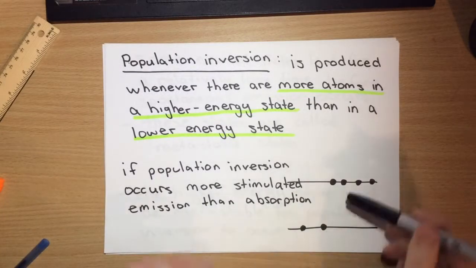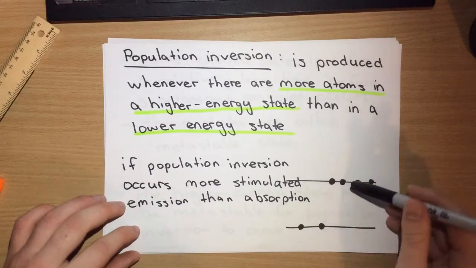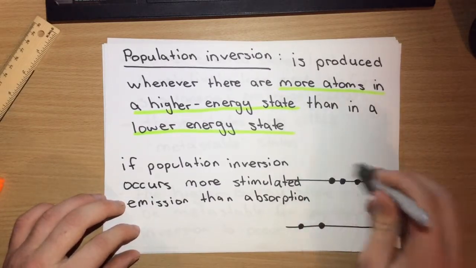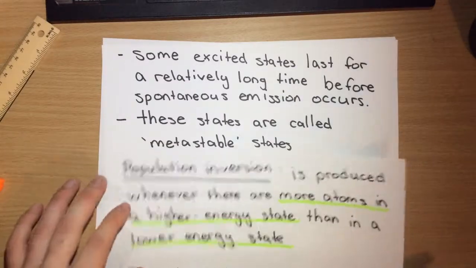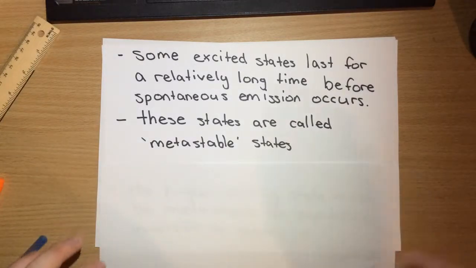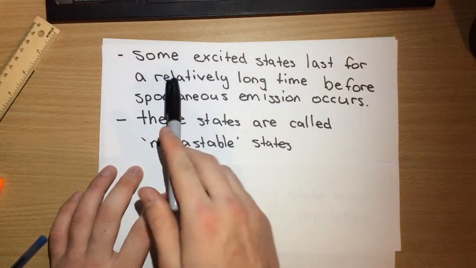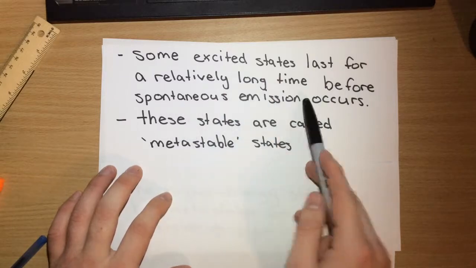In most atoms, we don't actually see this. It's a very special type of atom that we must have for this to be seen. To see this stimulated emission, we have to have our excited states last for a long time before spontaneous emission occurs.